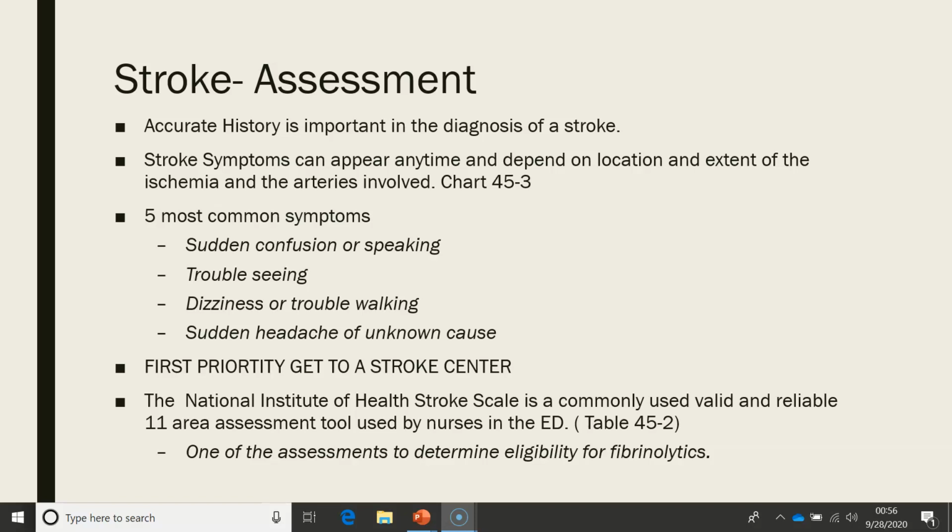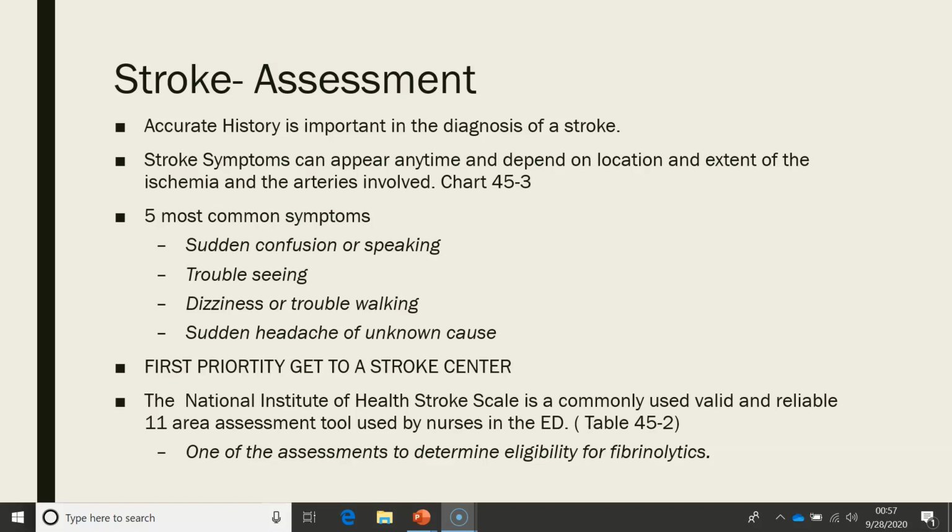But I do just want you to again look at that because this scale, the National Institute of Health Stroke Scale, is one of the assessment tools used to determine if the patient is eligible for thrombolytics or not. So it's very important to see if the patient can have treatments done that could reverse the stroke.